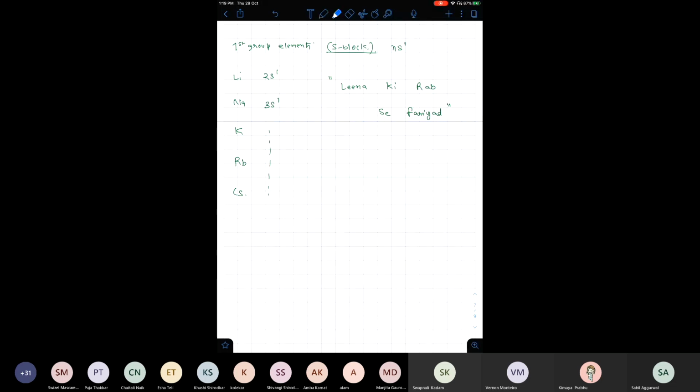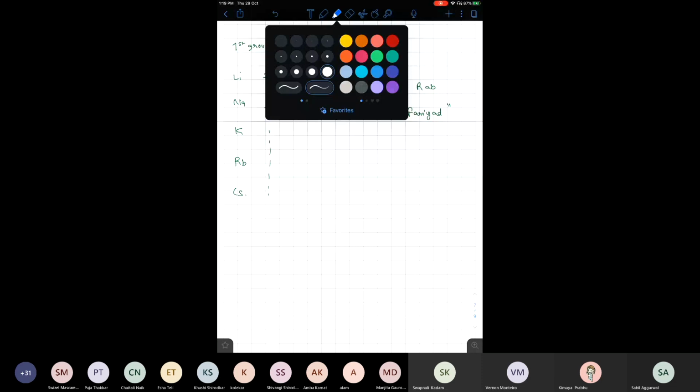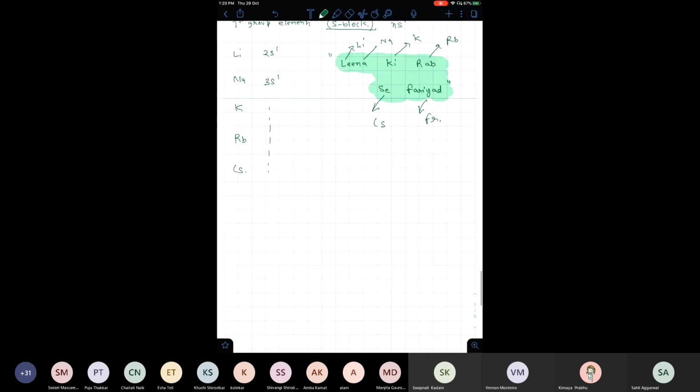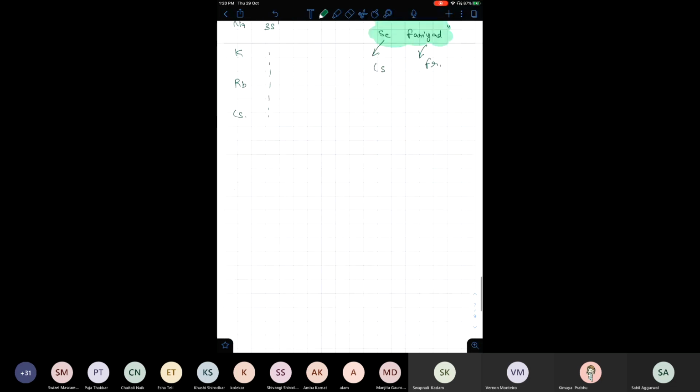This is how we have to remember all these elements, using the mnemonic "Lina ki rab se fariyad". It will be required in the questions. Okay, all of us know what fariyad is. Done.